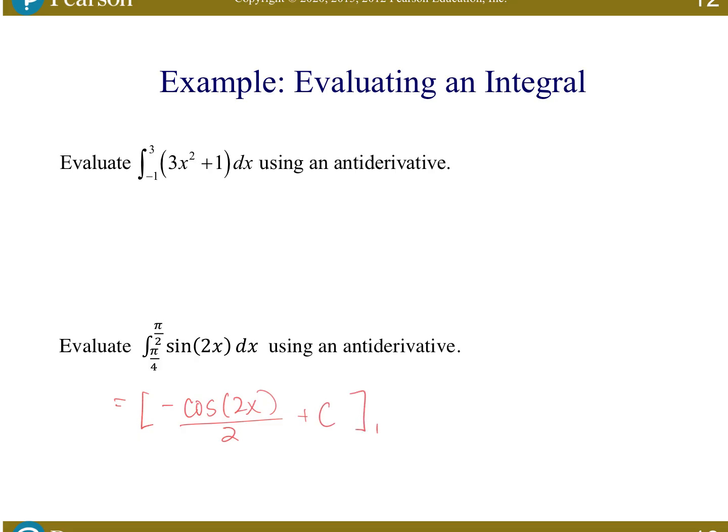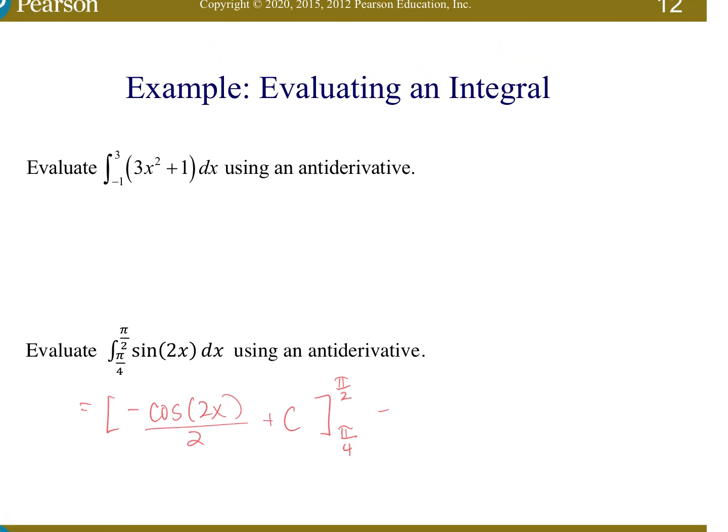And then we'll be going from pi fourths to pi halves as our bounds. At that point, you can substitute your bounds. So we're at negative, I'll put my 1/2 out in front, the cosine of pi, and then minus the negative, or plus 1/2 of the cosine of pi halves.